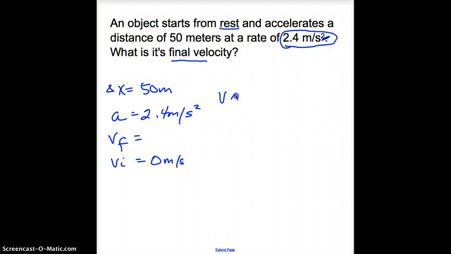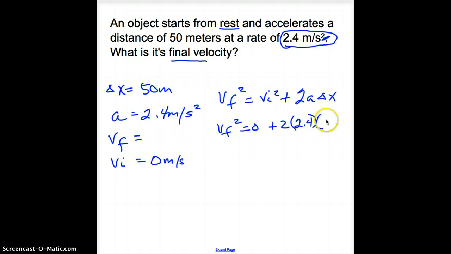So my formula is final velocity squared is equal to initial velocity squared plus 2 times acceleration times my displacement. So final velocity squared is equal to 0 plus 2 times my acceleration, which is 2.4, times my displacement, which is 50.